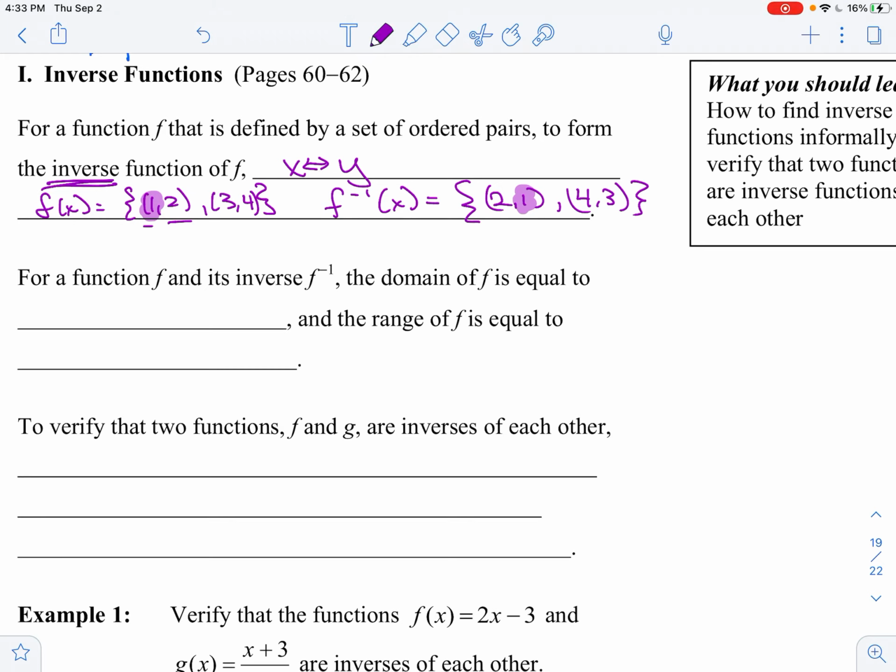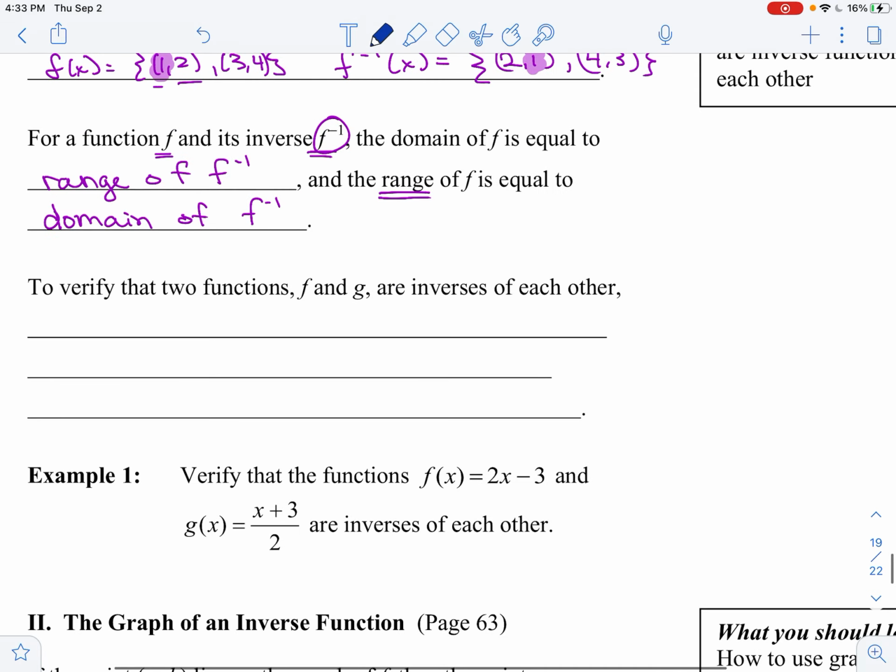Okay, so for a function f and its inverse, f inverse, the domain of f is the same as the range of the inverse function, and the range of f is equal to the domain of the inverse function.